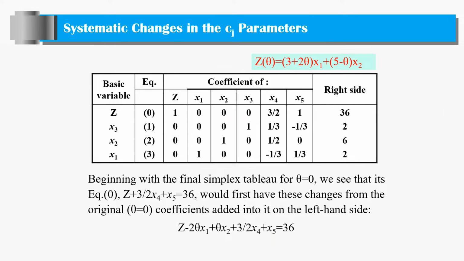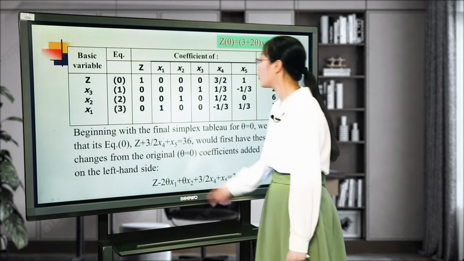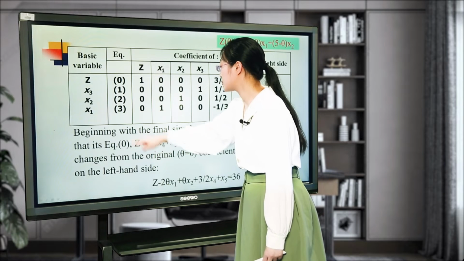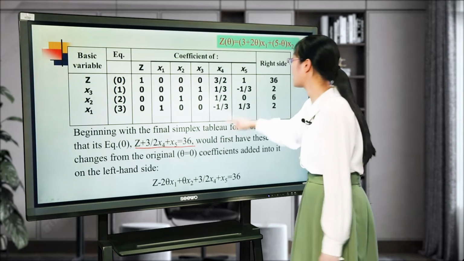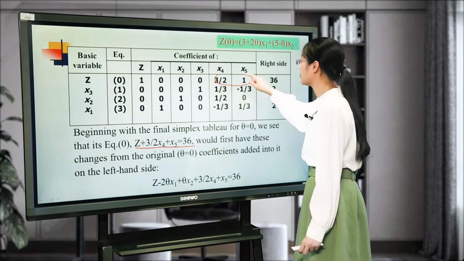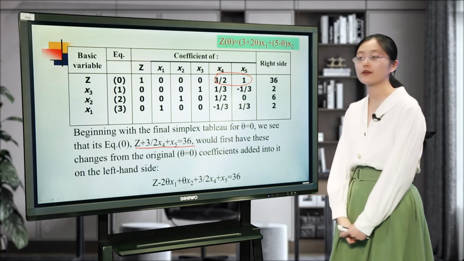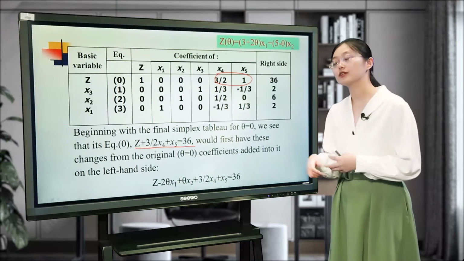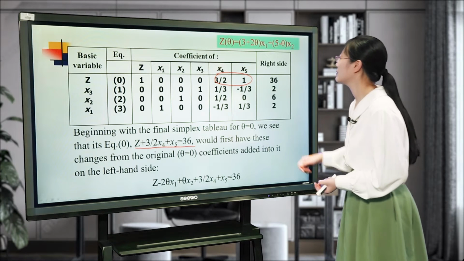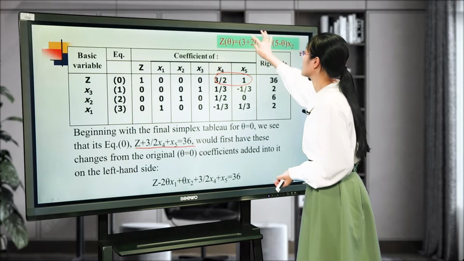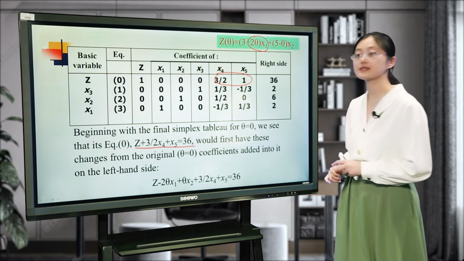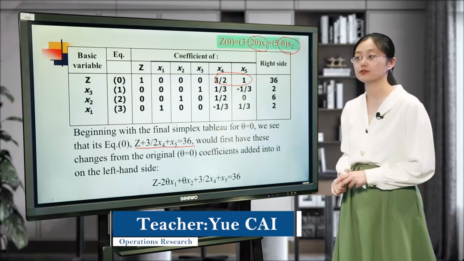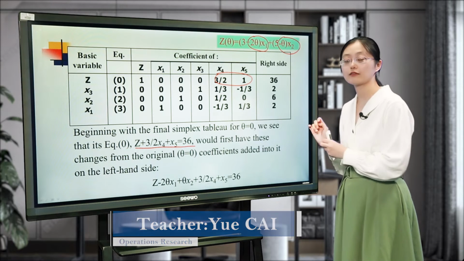In this case, in our final simplex tableau, we have theta equal to 0. Then our equation 0, the objective function, is Z plus the non-basic variables x4, x5 equals 36. Now, if we actually introduce the value of theta, then in the simplex tableau we have one more term of 2 theta x1 and one more term of negative theta x2. Of course, first, they are on the right-hand side.